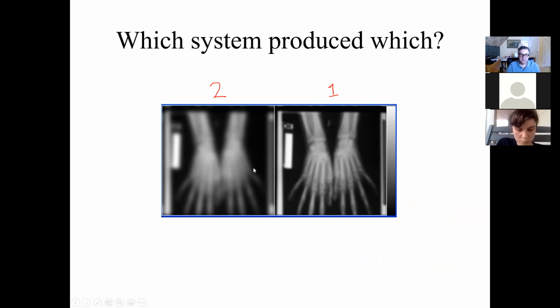Okay, and so, if we looked at, I didn't do this, but if we looked at the frequency content and compared the frequency content of these two things by taking their Fourier transforms, this one would have more high frequency content than this one, because it requires the high frequency content to reproduce the detail that you see here. Sharp things like sharp edges are associated with high frequencies.